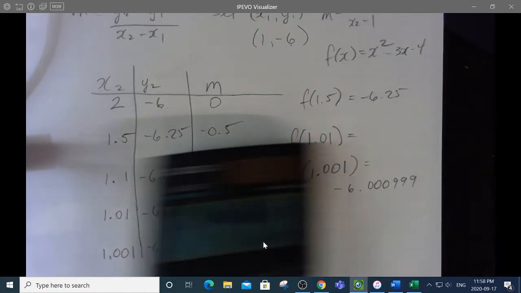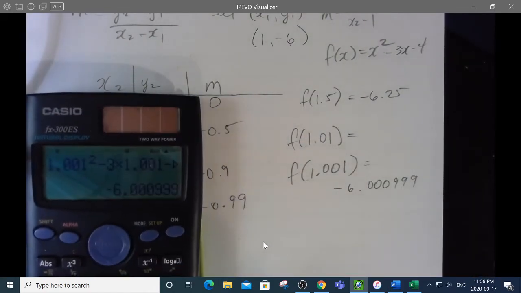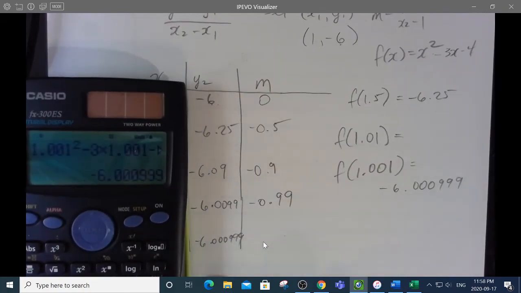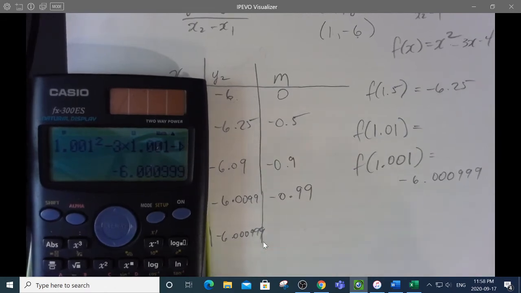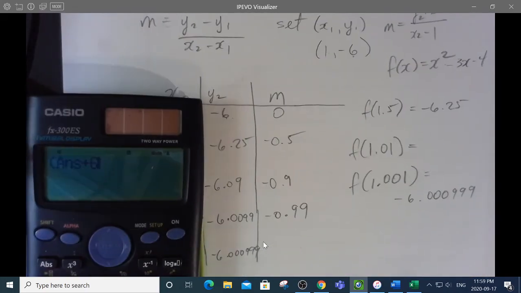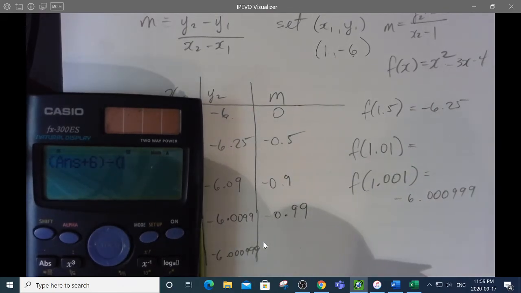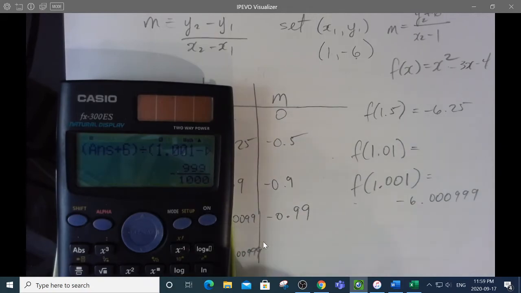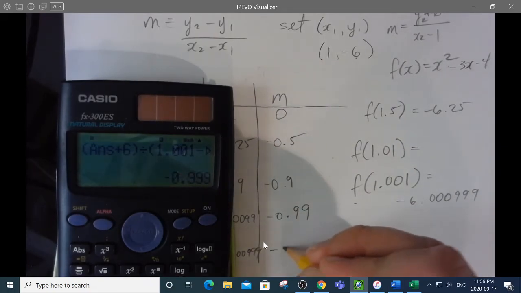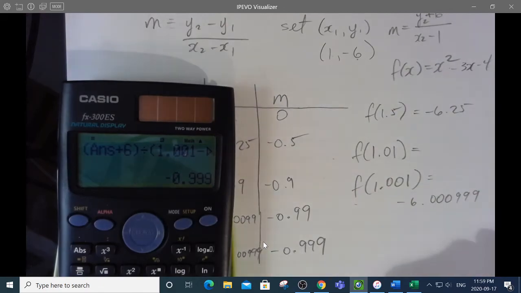That's kind of looking like a pattern too, but I don't care about that pattern. What I want is the slope. So if that's my y2 number, how much is my slope? Open a bracket, the last answer I got, plus 6, and again, I'm just using my slope formula here. Close brackets, divide by, open a bracket, and what was x again? 1.001 minus 1, close brackets, equals, change it to a decimal. And yep, my prediction was right, 0.999.